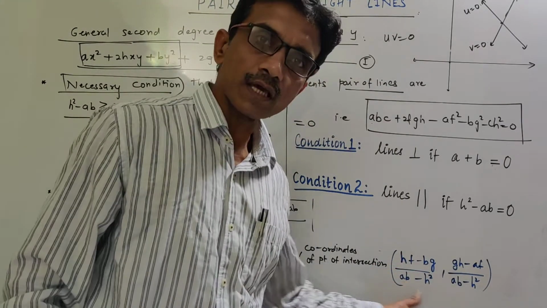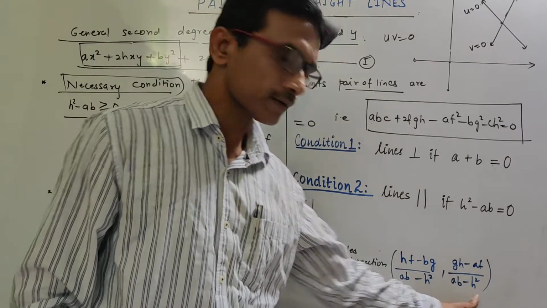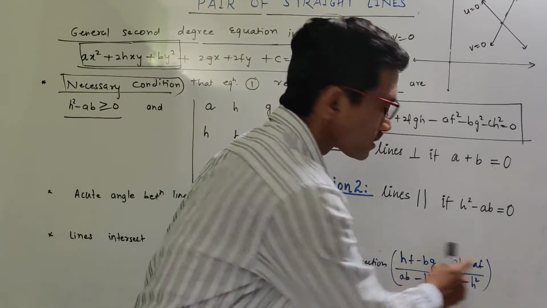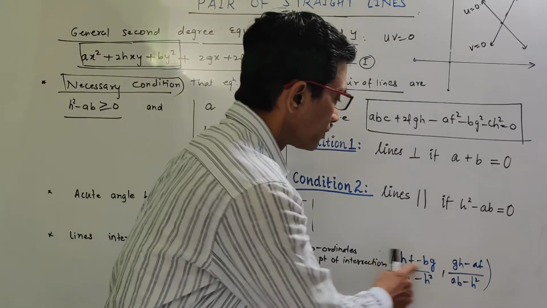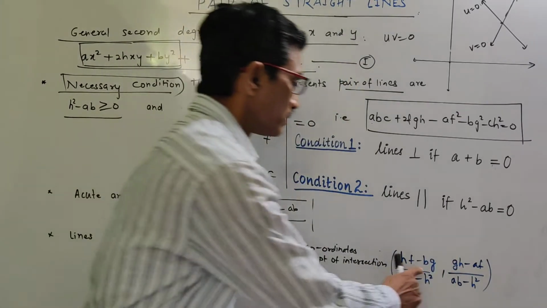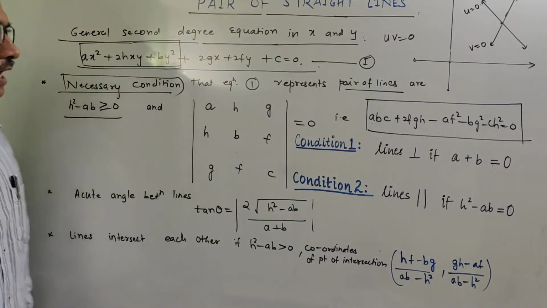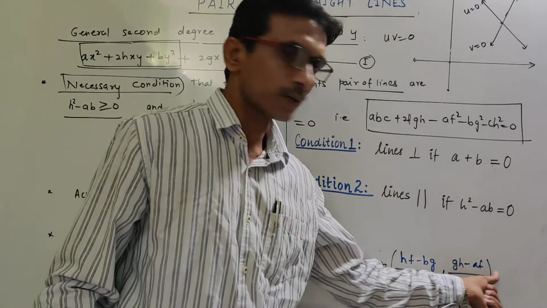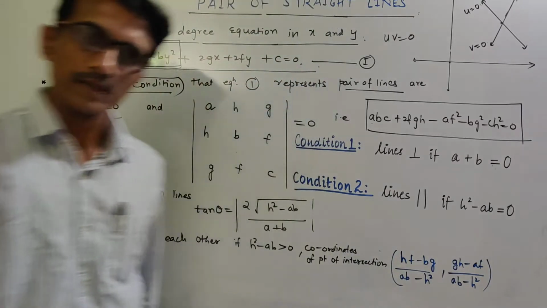Okay, denominator is ab minus h square, here f minus g and here g minus f, here h multiply, here b and here a. So that means hf minus bg upon ab minus h square and gh minus af upon ab minus h square.